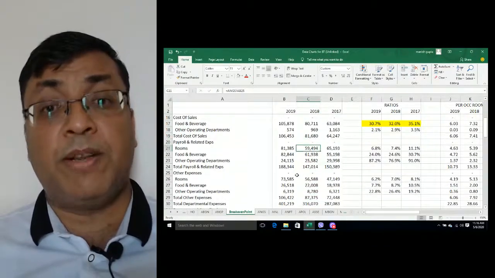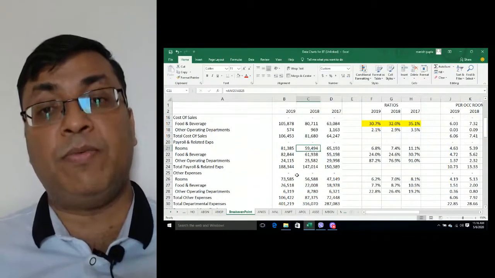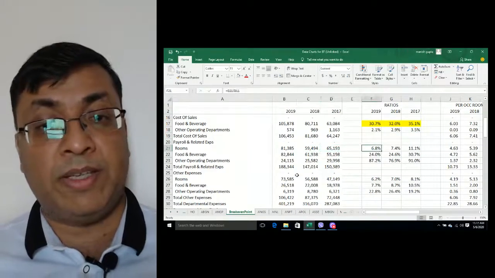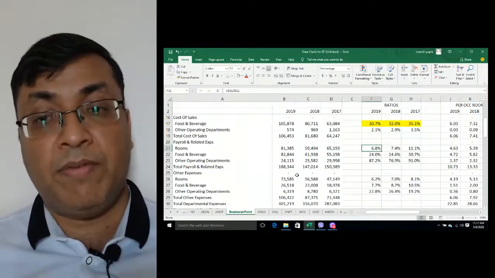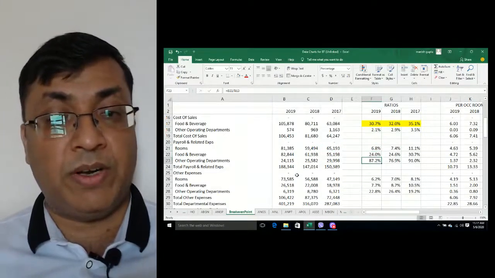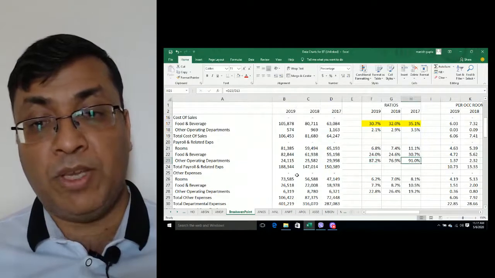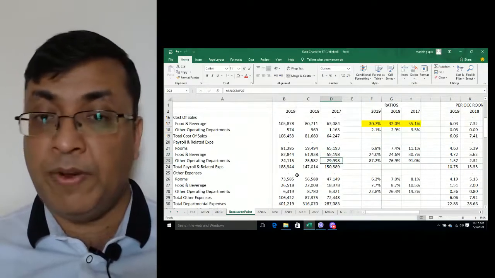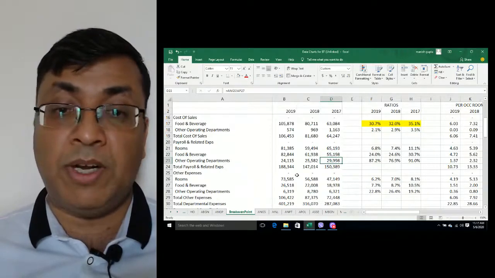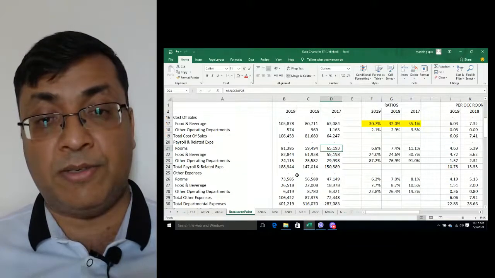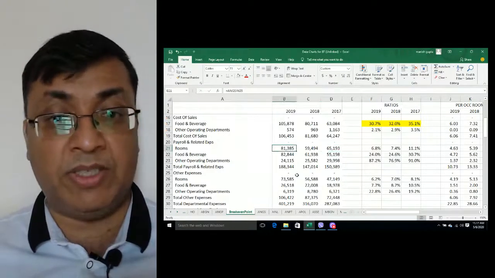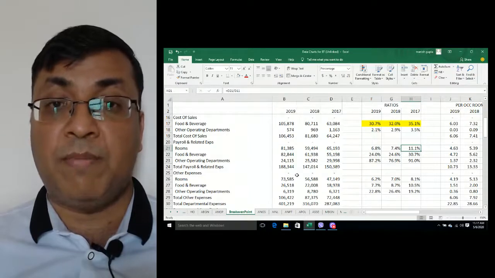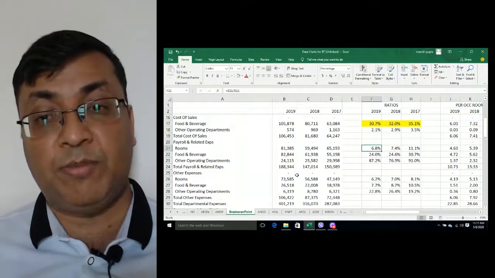Now let's look at the payroll expenses. Since they are mostly fixed, what is the ratio? It's understandable that whenever revenue increases, the ratio will drop significantly. Here you can see in 2017 the payroll expenses were 11% of the revenue, then 7, then 6.8.